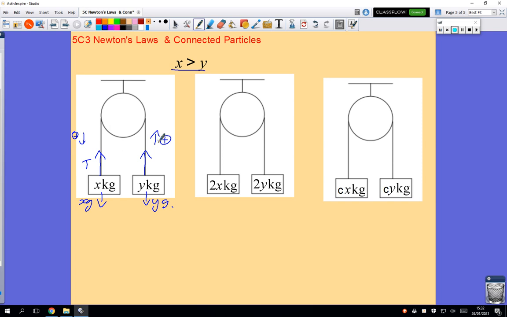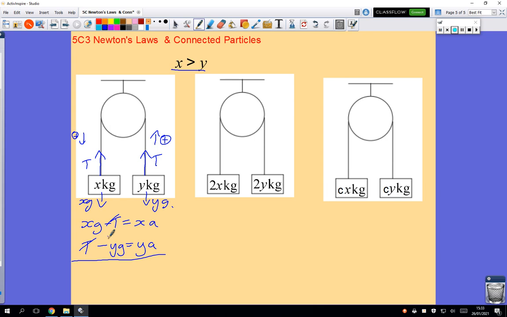If I draw my force equations for each of those, for the x mass, down positive, we have xg, subtract up negative, that T, is going to equal the mass x times the acceleration. Looking at the second equation, which I'm saying is up positive for the second particle, the tension here will be my up force, my positive force, minus the mass times little g, yg, and that's going to equal y times a. And just like before, if I add those, the T's will cancel.